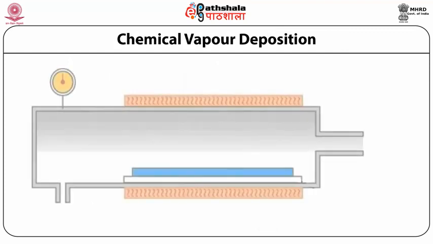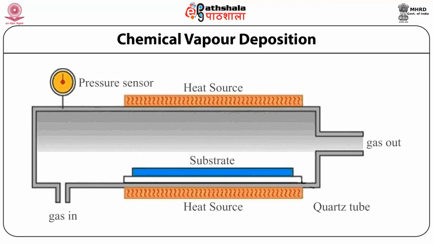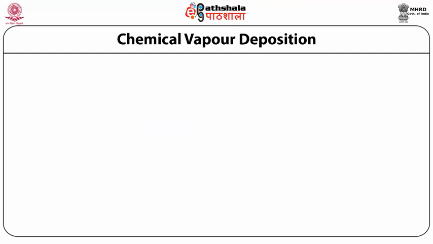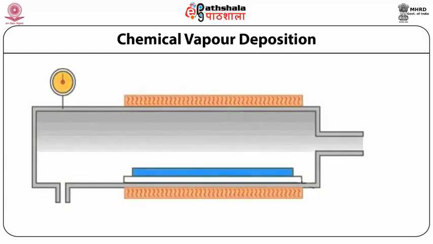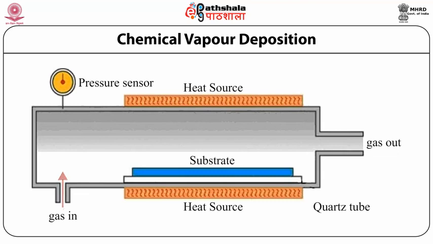Chemical vapor deposition, which is shown clearly in this figure. Chemical vapor deposition, CVD, is used to deposit solid material onto a substrate. This involves the reaction or decomposition of one or more precursor gases in a chamber containing one or more heated objects to be coated.